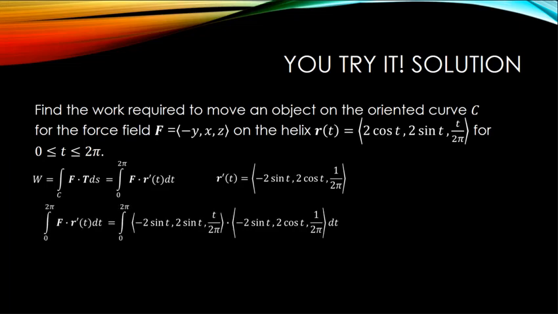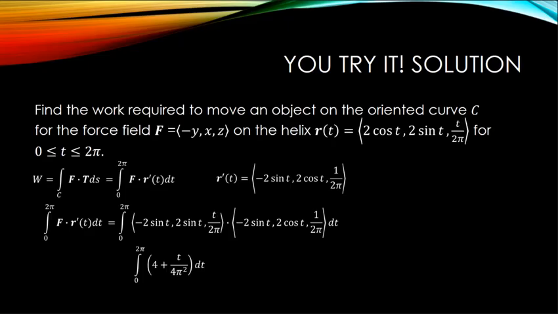So that my ordinary integral from 0 to 2 pi of F dotted with r prime of t dt becomes the ordinary integral from 0 to 2 pi of a vector with components negative 2 sine t, 2 cosine t, and t over 2 pi, dotted with a vector with components negative 2 sine t, 2 cosine t, and 1 over 2 pi dt.